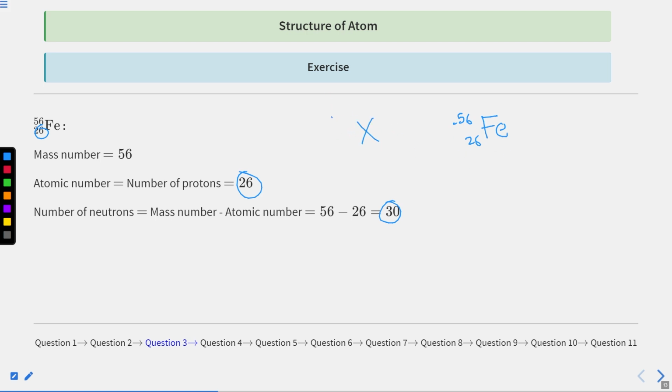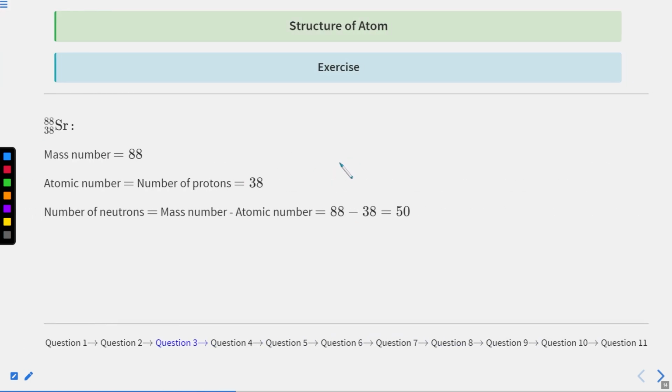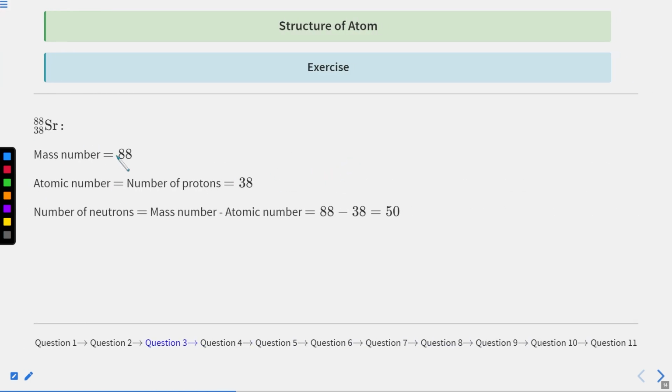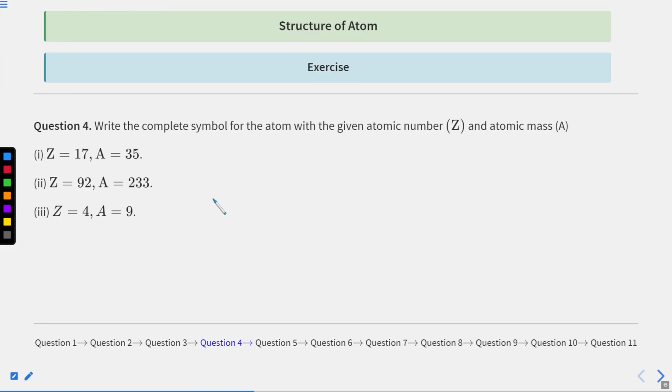Here we have the mass number, here is the atomic number, and this is the symbol of the element. So if you compare it with this, you will get your atomic number and mass number. The number of neutrons is nothing but mass number minus atomic number, and the number of protons is the atomic number. Clear? Next is strontium. Again 88 minus 38, 50, and the number of protons is just equal to the atomic number, that is 38.